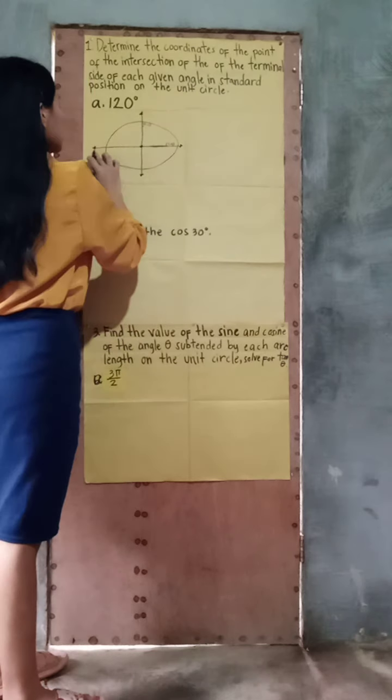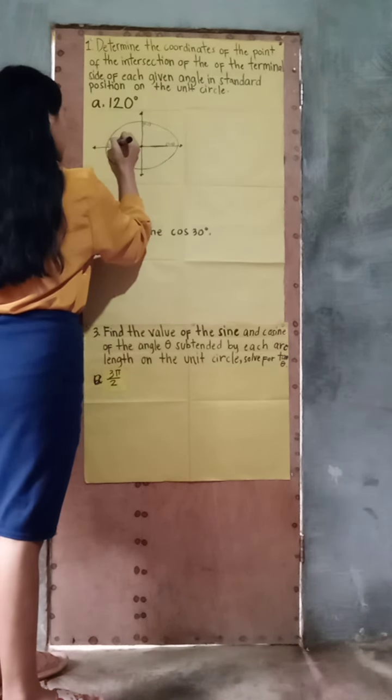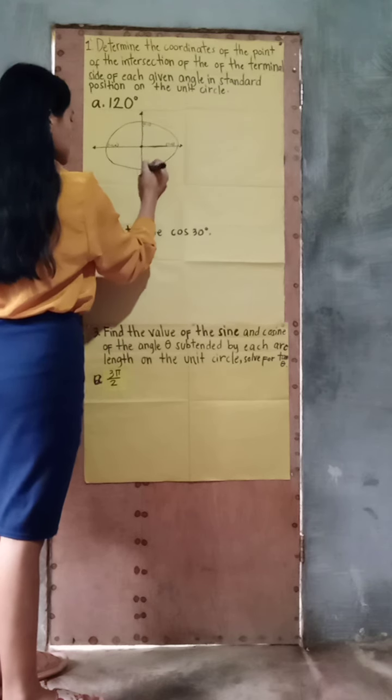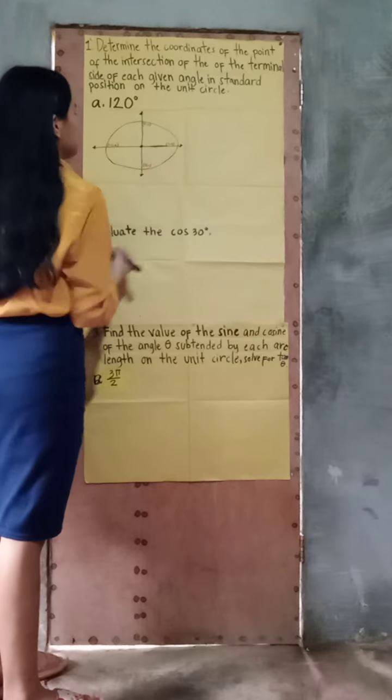This point has coordinates -1, 0, and this point has coordinates 0, -1.